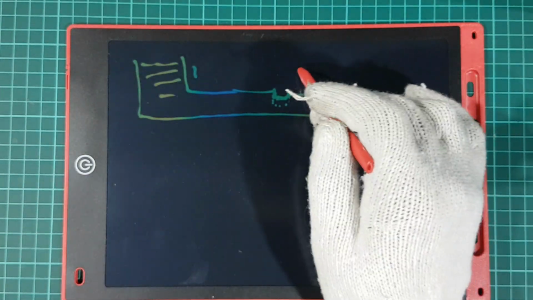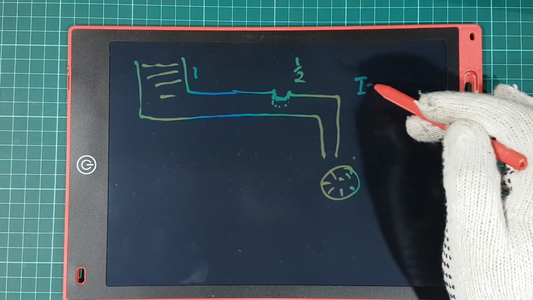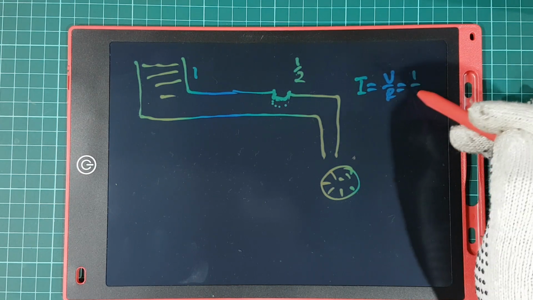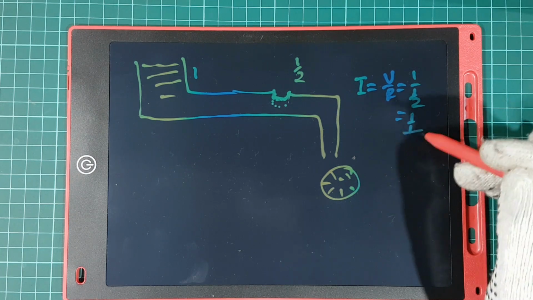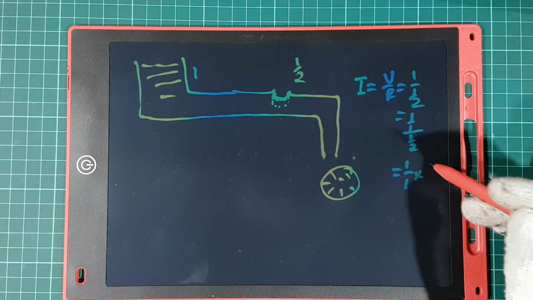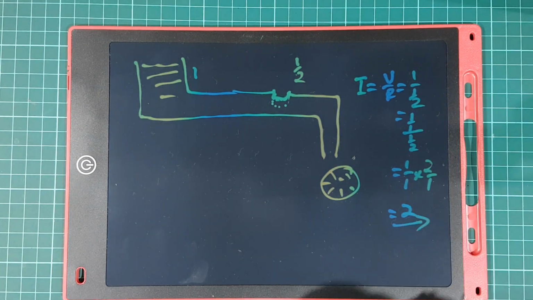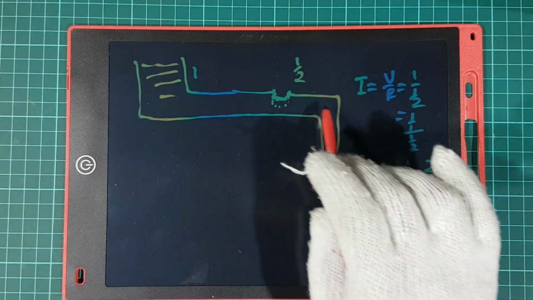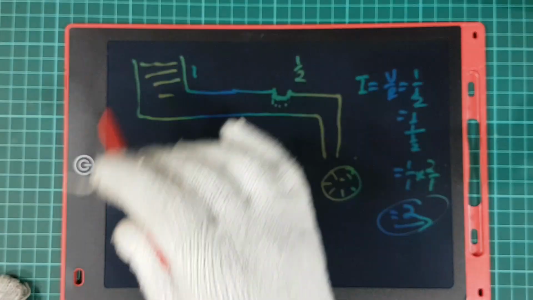So we've got 1 unit there, half the resistance, so our current will then be V divided by R, which is 1 divided by half, and this is then 1 on 1 divided by 1 over 2, so our current will then be 2, which is common sense, you know, if you've got double the gap, you get double the water, double the speed, 2 times, boom. So, and that's how Ohm's law works.